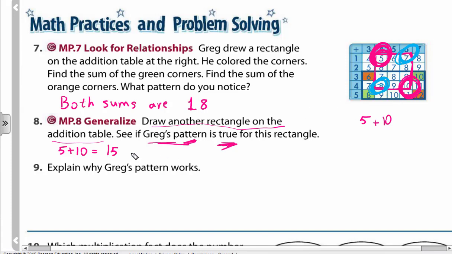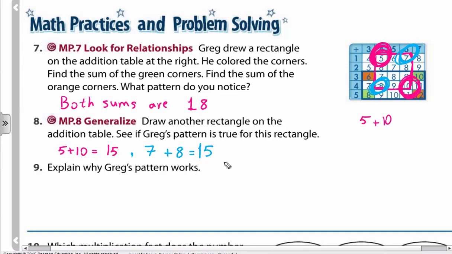So it's 7 plus 8. What is 7 plus 8? 15. Okay, it's 15.